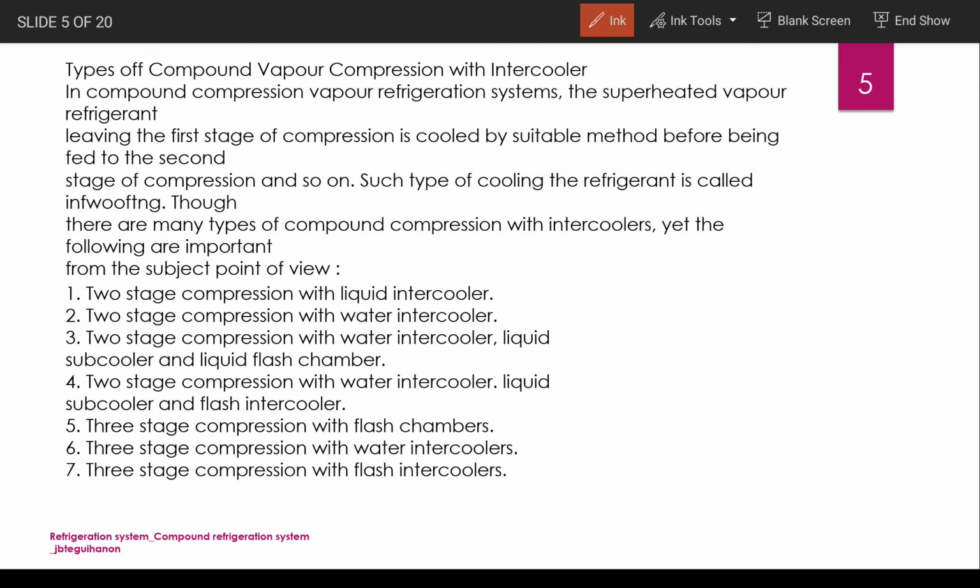The superheated vapor refrigerant leaving the first stage of the compressor is cooled by a suitable method before it is fed to the second stage of the compression, and so on. Such type of cooling of the refrigerant is called intercooling.